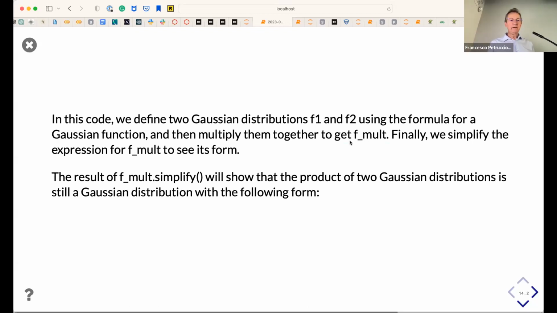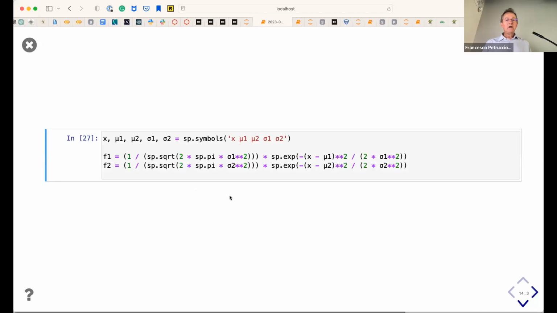Then you want to simplify it with SymPy and show that the product of 2 Gaussian distributions is again a Gaussian distribution. The starting point would be to do what we did above for 2 Gaussian distributions. I give you a few minutes so that I can have a sip of water.